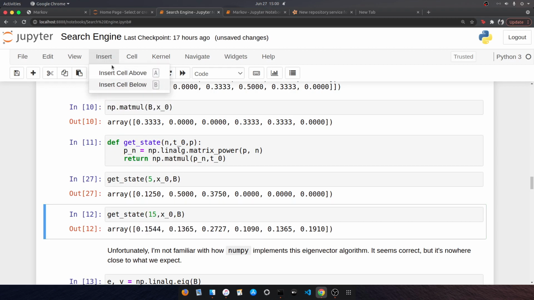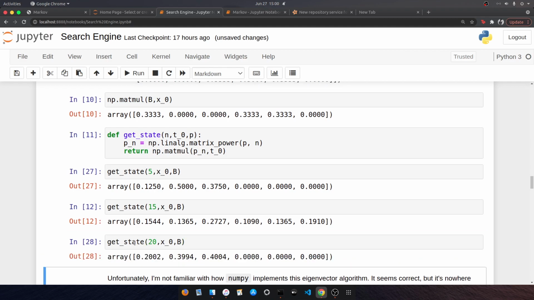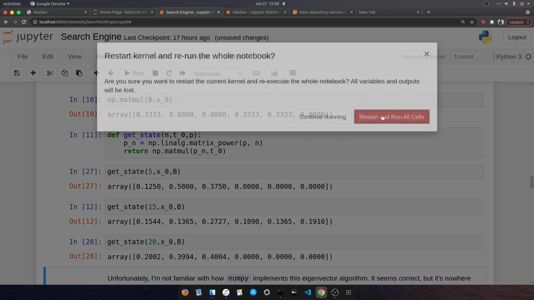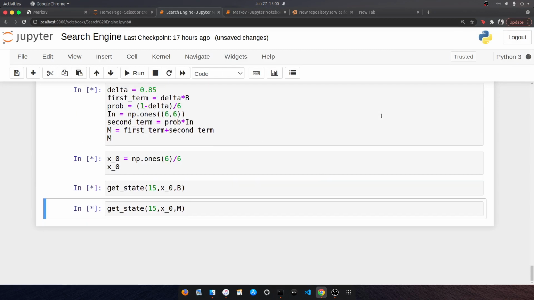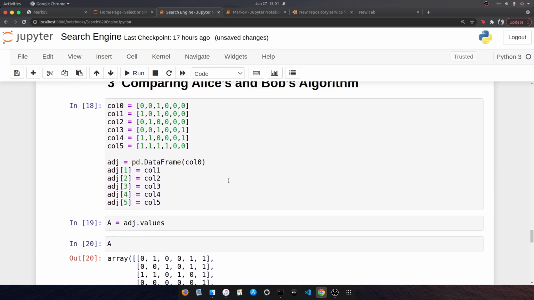So if we look at the state after, let's say, 20 clicks, I expect it to be still similar to what the value is at state 15. Oops, sorry. So it's different. Let me rerun the cell since I have another matrix called b in a future cell, so that's why it's giving us a different result.